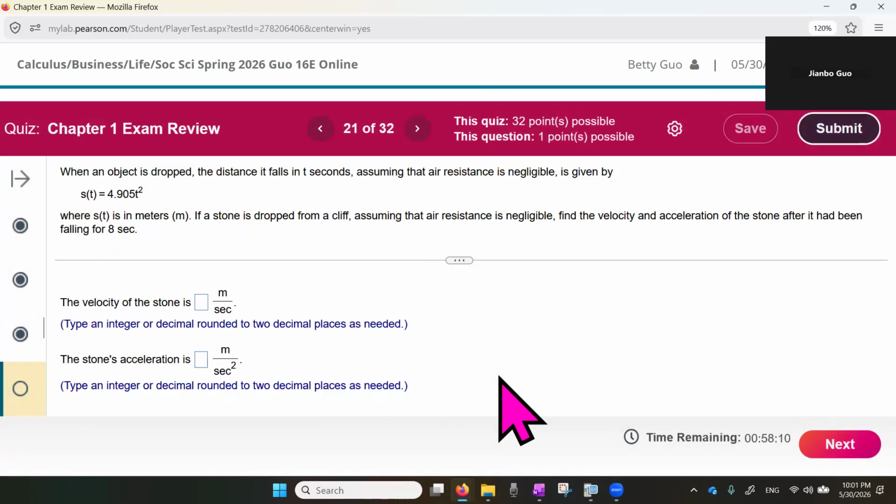Question number 21. It's an application problem. So this is a distance function. We know the velocity function is the derivative of the distance function, right? And the acceleration function is the derivative of the velocity function. Let me write it down.